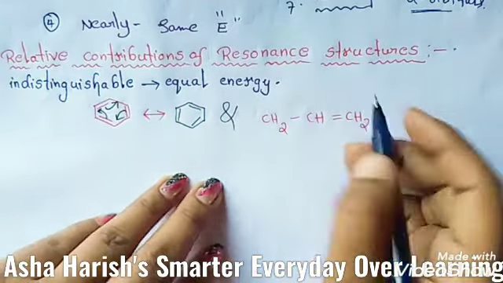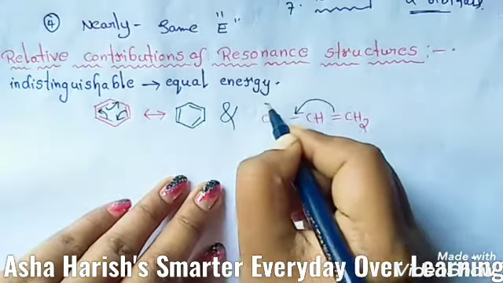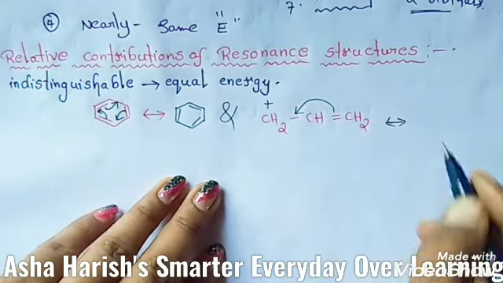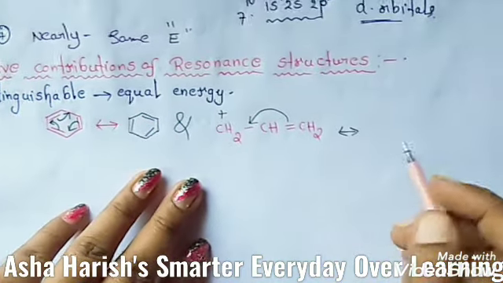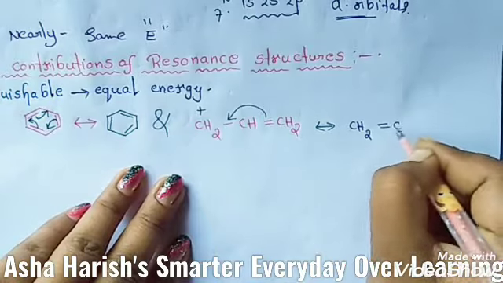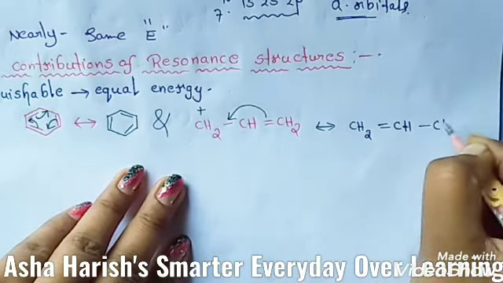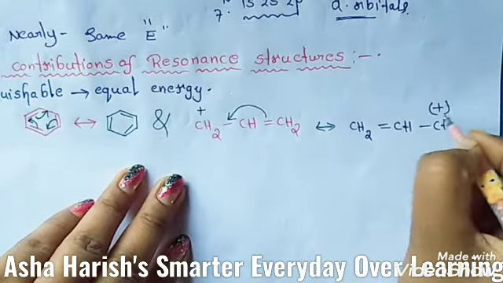Here if you shift this double bond like this, a positive ion should be formed, and the formed structure is CH2 double bond CH single bond CH2. That positive charge will come here.